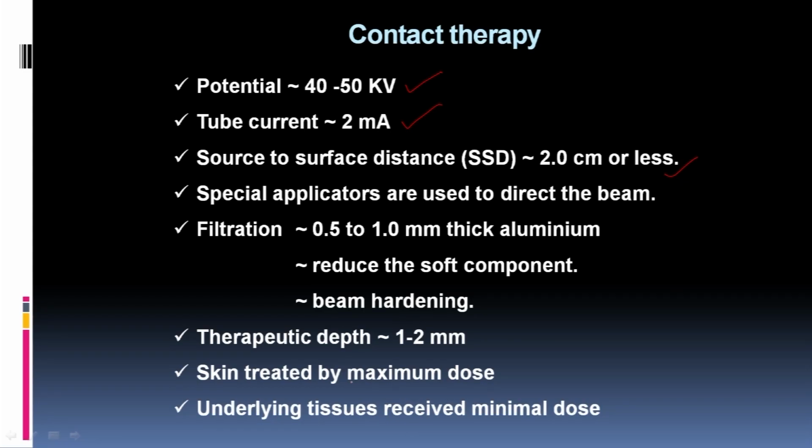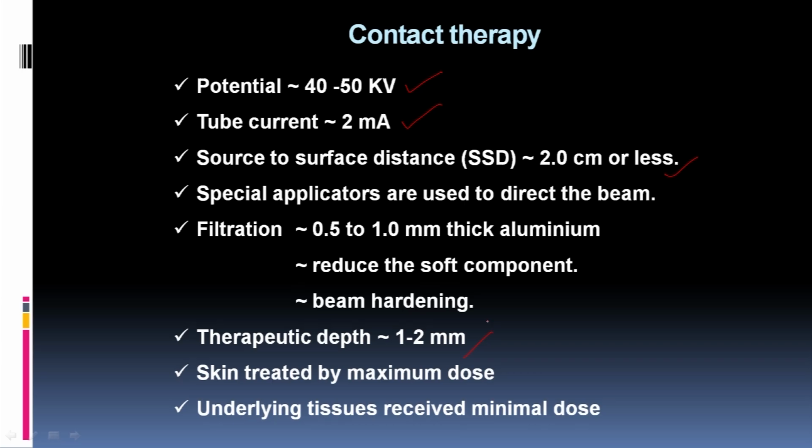So in filtration here in contact therapy, we use 0.5 to 1 millimeter thickness of aluminum. The therapeutic depth of contact therapy is 1 to 2 millimeter from the patient surface.